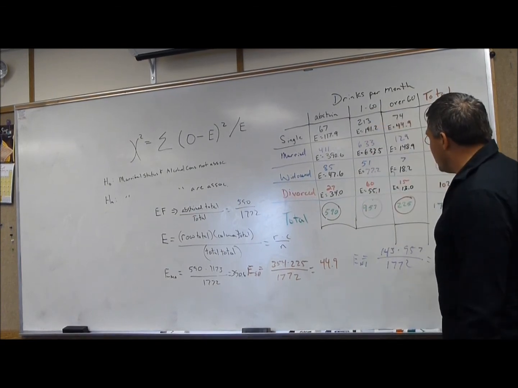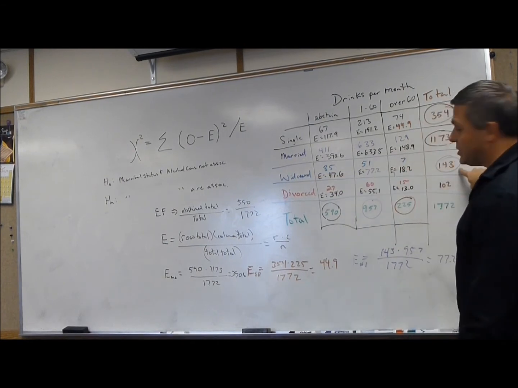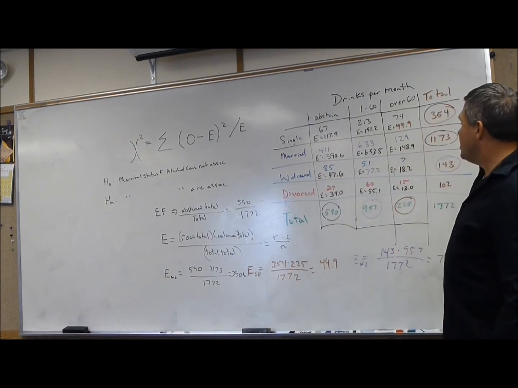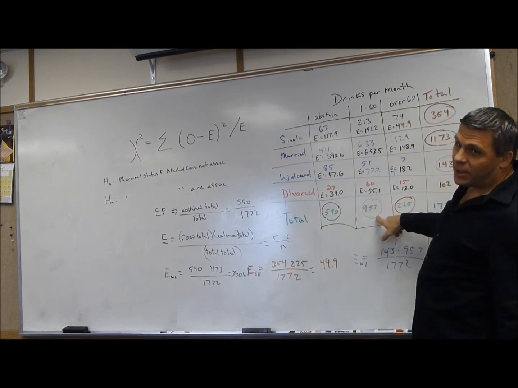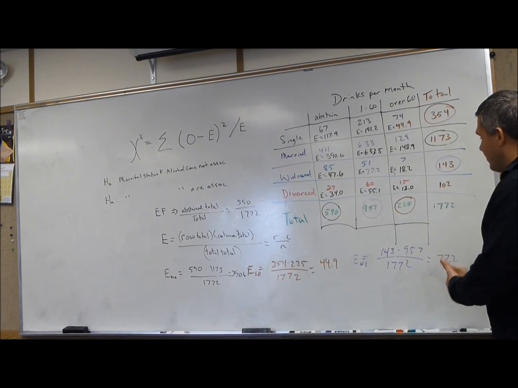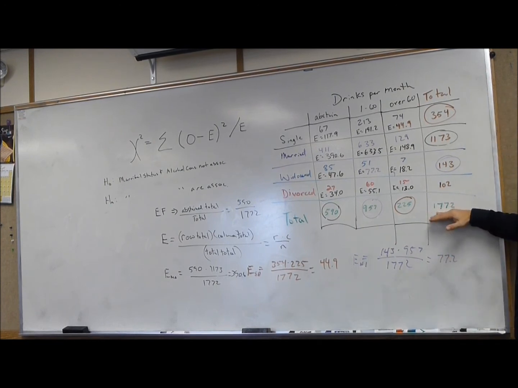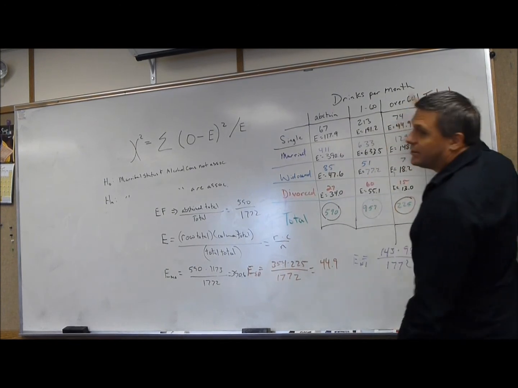So we had to look at the row, which is the widowed row, 143, times the 1 to 60 drinks column, which is 957, divided by the total, which is 1772. And you just keep doing that for every single one of these.